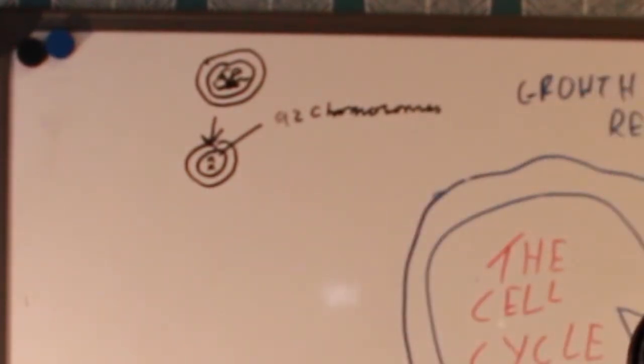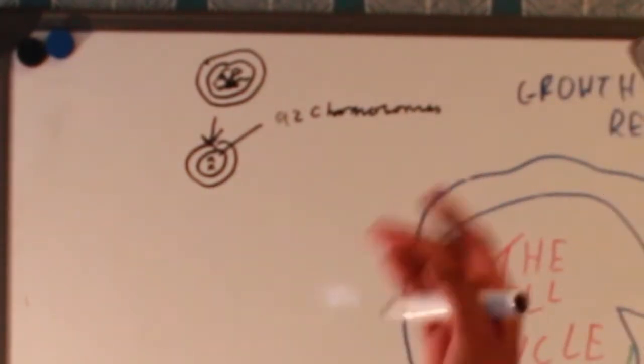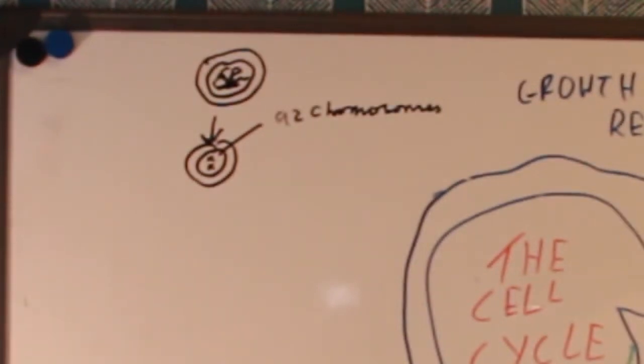Keep in mind, this is not 46 chromosomes, because this is when the cell has duplicated its DNA, forming chromosomes and doubling its normal content of 46.